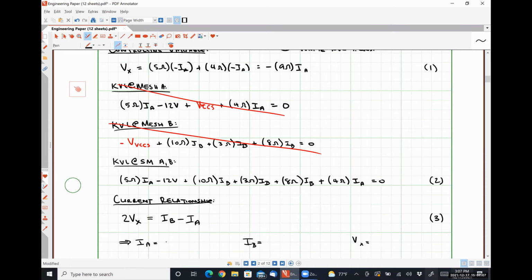And I get -34.483 milliamps, +586.207 milliamps, and Vx as 310.344 volts.